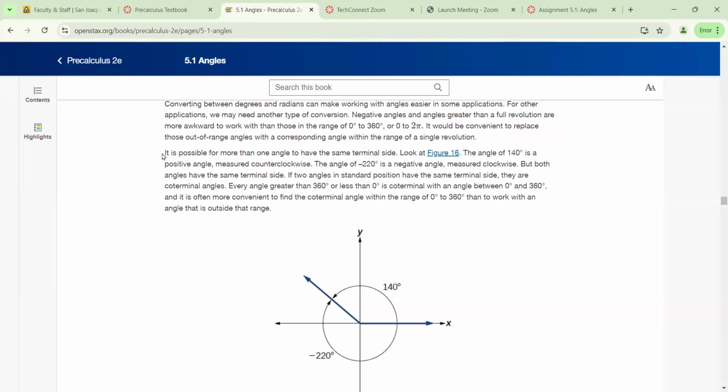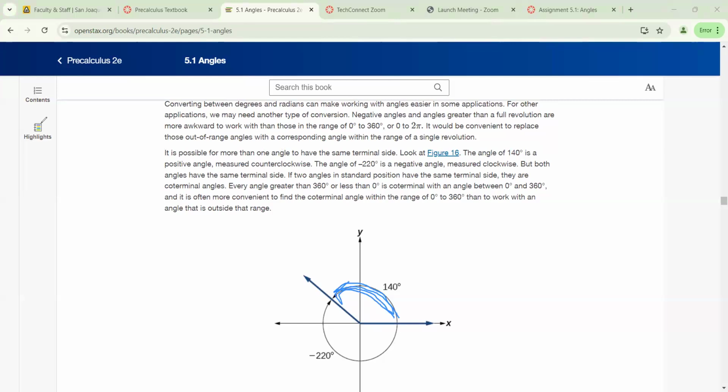So I'm going to read it. It is possible for more than one angle to have the same terminal side, as you see right here. The terminal side of this angle, which started here, is 140 degrees, which goes this way. That's 140.